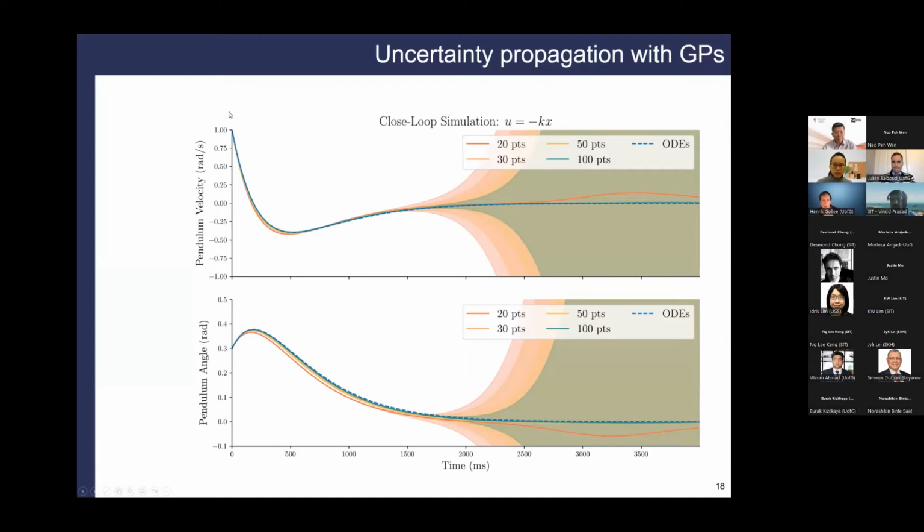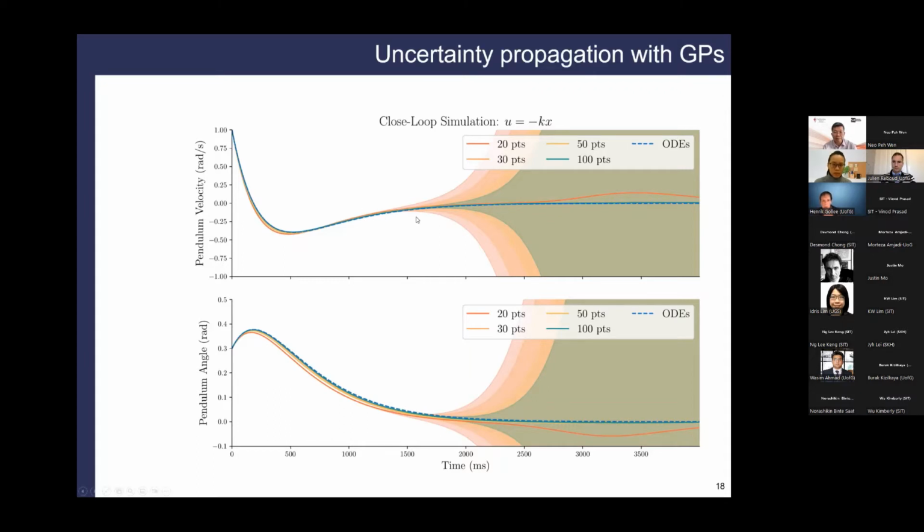So the way Gaussian processes work is they are a modeling technique which allows us to model systems with very few data points. As few as 20 to 100 points allow us to develop a stochastic model. The stochastic model includes a mean representation, but also a spread or a confidence limit.